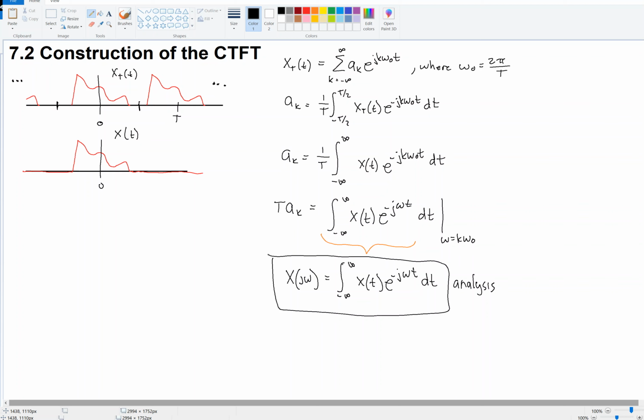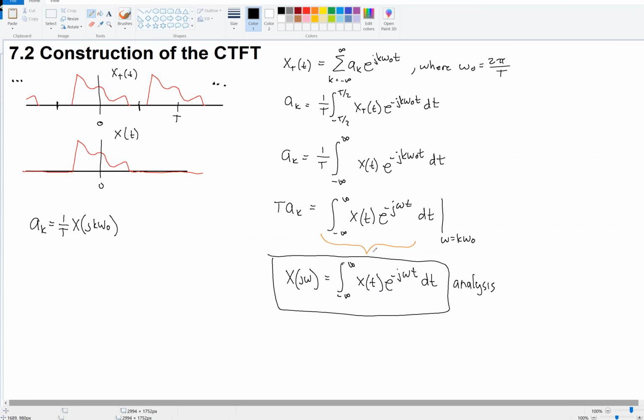Okay, now let's see if we can synthesize x of t. If given capital X, the frequency content, can we get back x of t? Okay, so remember that the Fourier series coefficients are 1 over T times X of j k omega 0, right? The Fourier series coefficients of x sub T, the periodic signal.